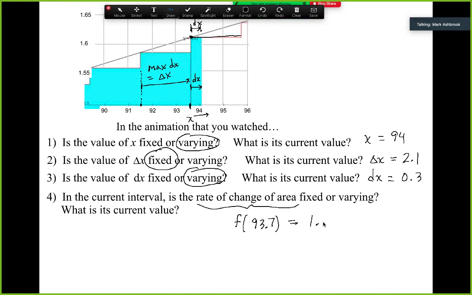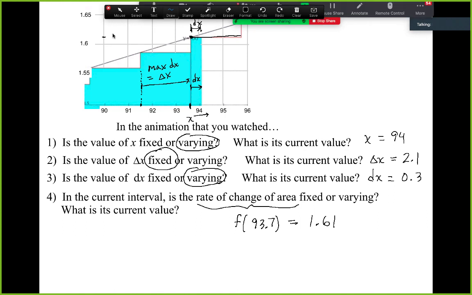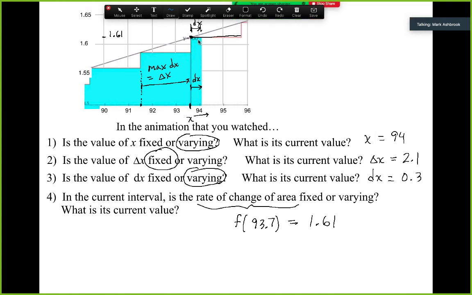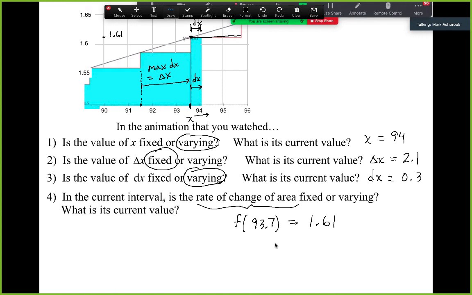Good. Excellent. 1.61, the value of the function in the current interval. And so that value of the function, 1.61, is the rate of change, how much the area is growing in this current interval, or in the vicinity of this x equals 94.